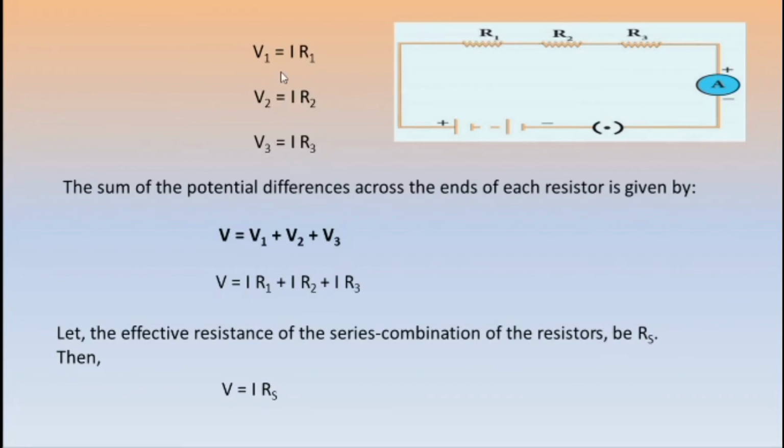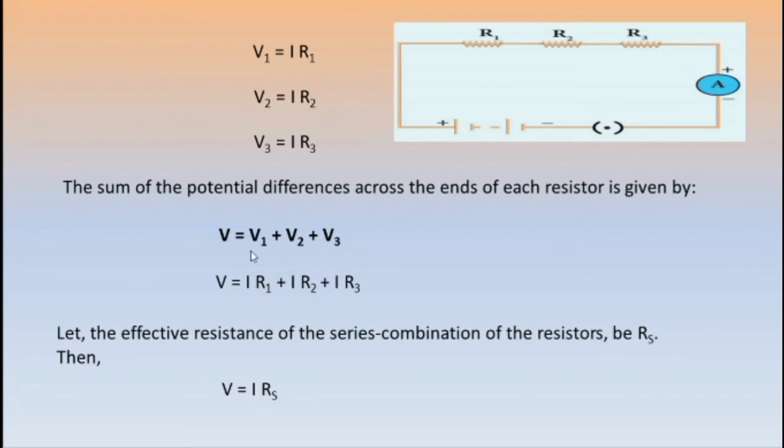Here V is the potential difference, I is the current, and the current is the same for resistors connected in series. R1 is the resistance of the first resistor. The sum of the potential differences across the ends of each resistor gives the total potential difference: V is equal to V1 plus V2 plus V3.